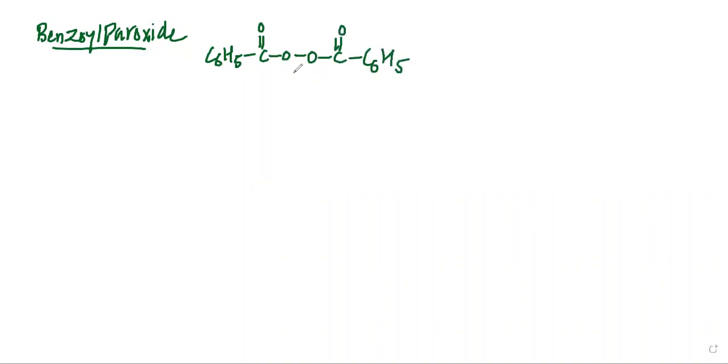My dear students, this is known as the peroxide bond, and the two electrons present over here undergo homolysis. We are well aware that in homolysis we get products which are free radicals. So we will get two free radicals, C6H5C(=O)O free radicals.